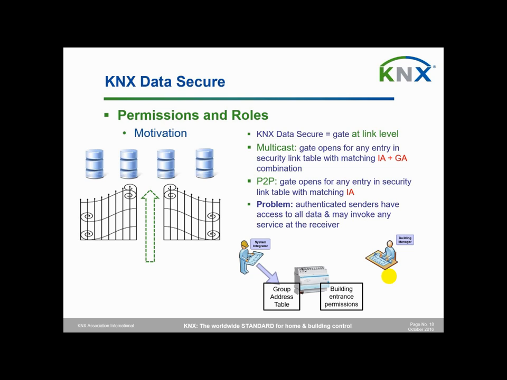The system integrator typically is interested in the group address table, and the building manager is interested in these entrance permissions. However, the system integrator shall not have access to the entrance permissions, and the other way around, the building manager shall not interfere with the actual functionality of the device, so with the address table. So we see different roles, we see conflicts of interest.